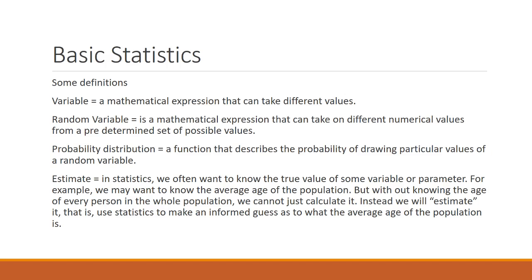All right, the last definition I want to make is an estimate. I was alluding to this before, but I want to make it a little bit more clear now. In statistics, what we want to do is know something about the population. Let's say I want to know the average income of farmers in northern Ghana. Well, maybe there are 10,000 farmers, and probably a lot more, and I want to know the average of all of their incomes.